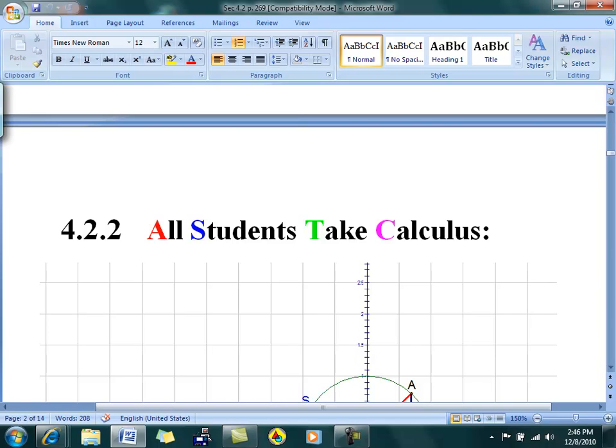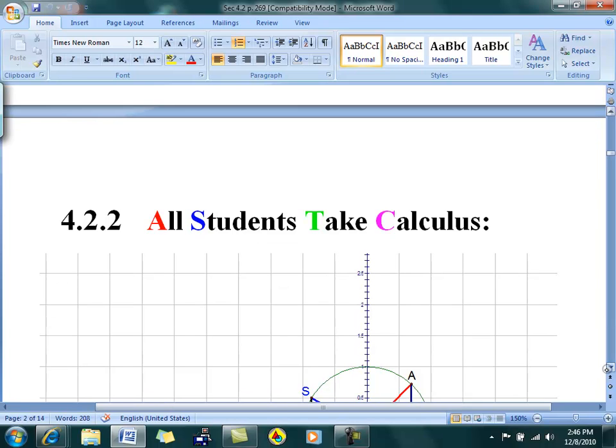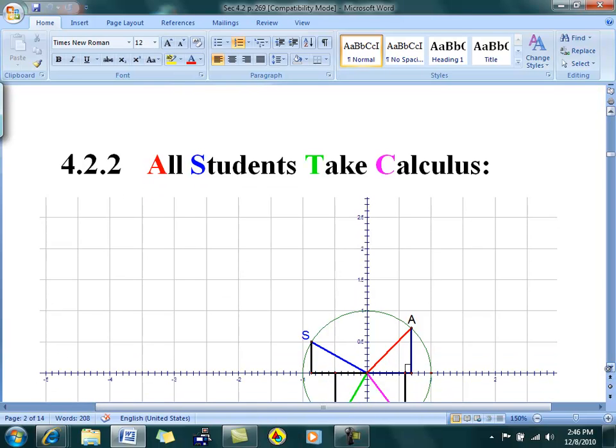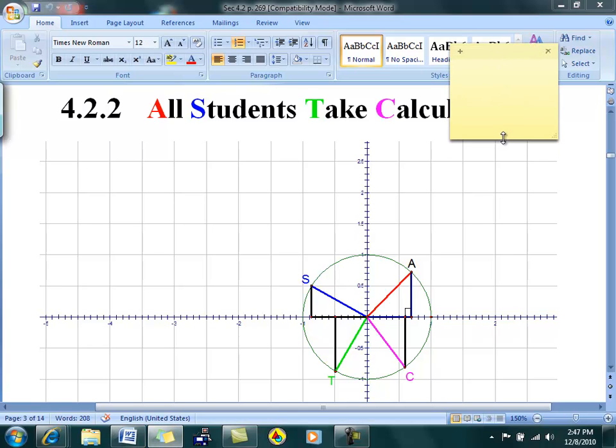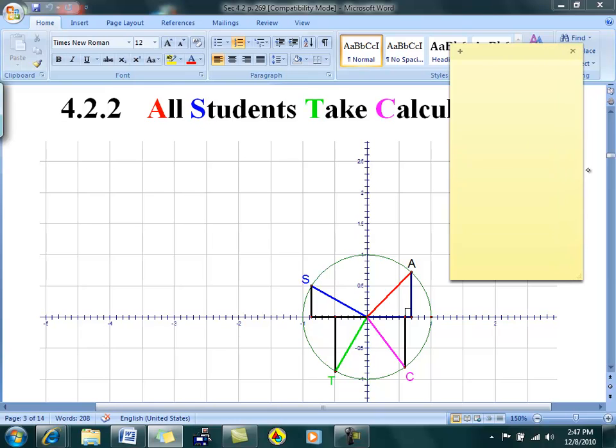And that style is going to require you to know this acronym, all students take calculus, and I'll explain to you what that means. So what this means is that if I take, let's say, a circle, and remember, an angle has an initial side, which is always the positive x-axis, and a terminal side.